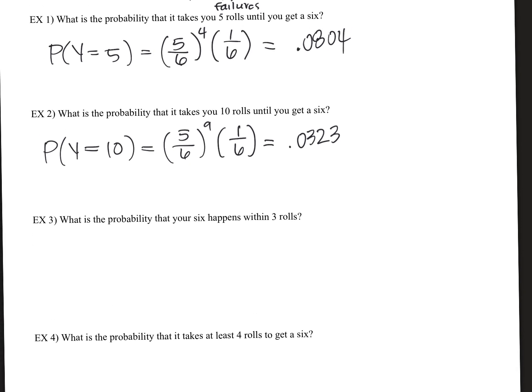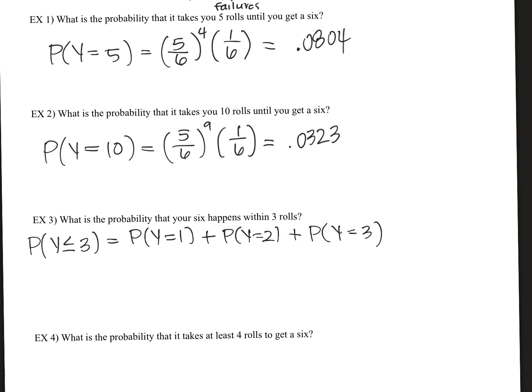And then what is the probability that your 6 happens within 3 rolls? So this is the probability y is less than or equal to 3. This would be the probability y equals 1 plus the probability y equals 2 plus the probability y equals 3, which we could do by hand, but we can also use the summation formula on our calculator. This time we would start at 1 and go to 3.